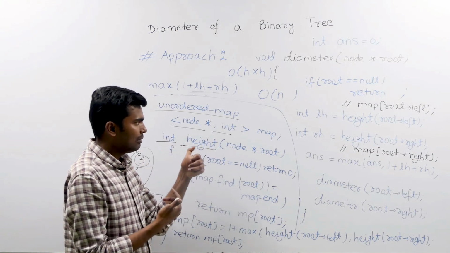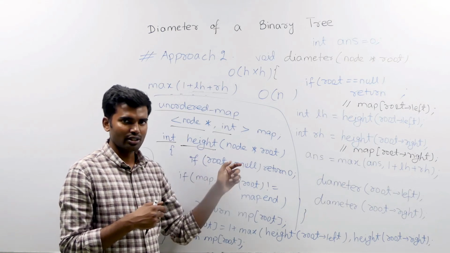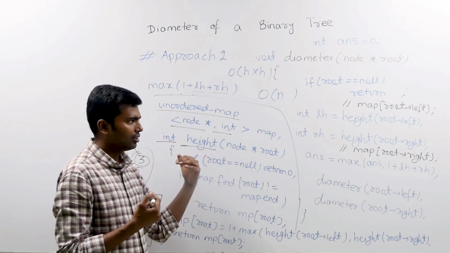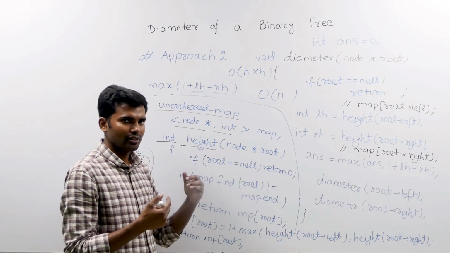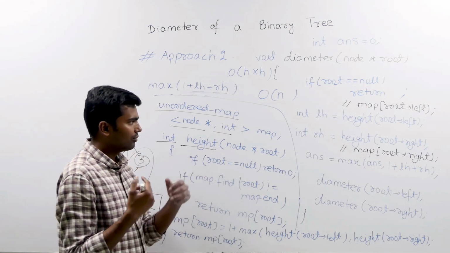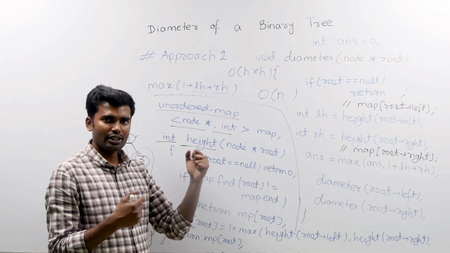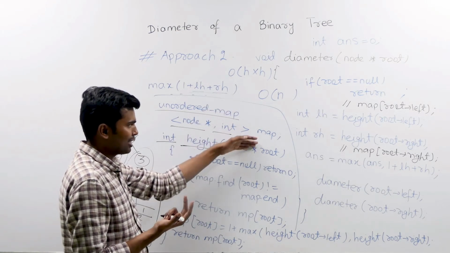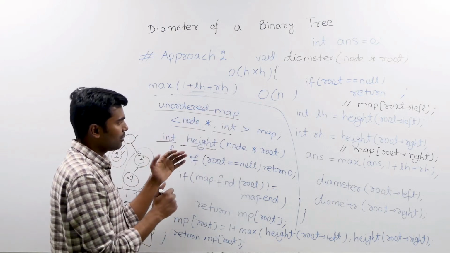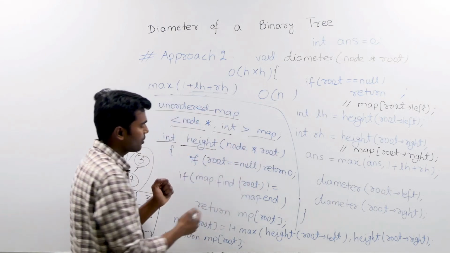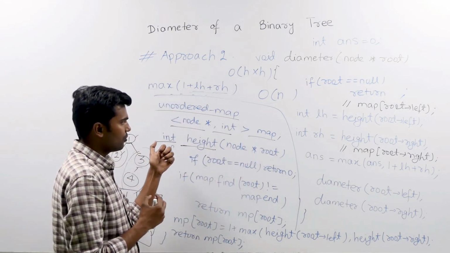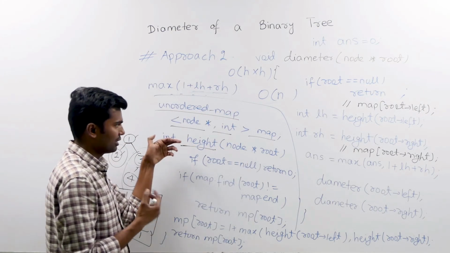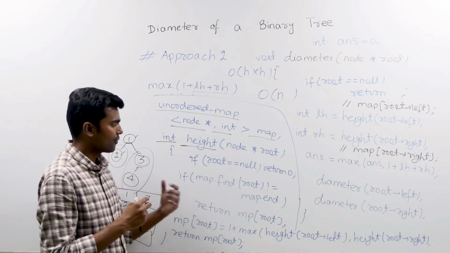So we basically memoize the value of that function, and if that function is called again and again, then we can use the value calculated before from that storage, from that hash map. So here I'm using the hash map to store the value of a function for a given node, that is the height of that subtree, right?